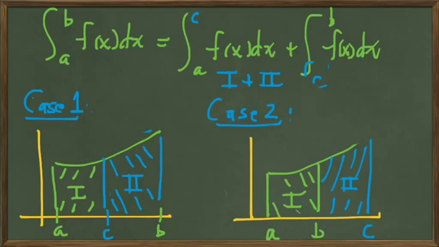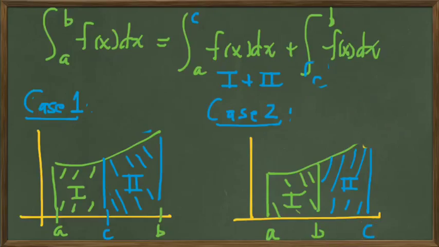What about the area of this second integral that goes from c to b? Well, if we look at region 2, we see that region 2 is a region that starts at b and goes to c.